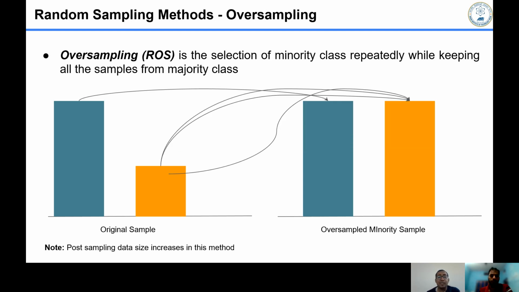The alternate arrangement to balance class can be taking repeated samples from minority class while keeping all the samples from majority class. In this case, sample size increases and hence training time might increase. Also, given we are taking some samples from minority class multiple times, it is adding redundancy and might lead to overfitting problem.